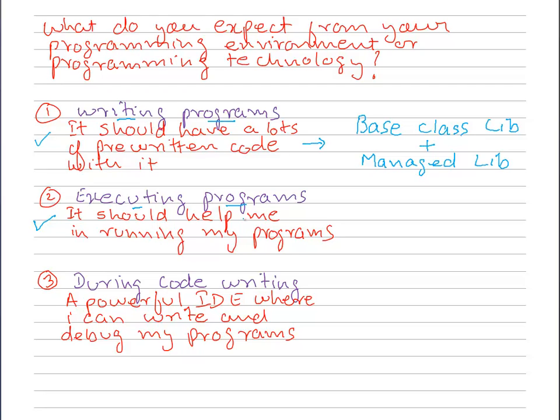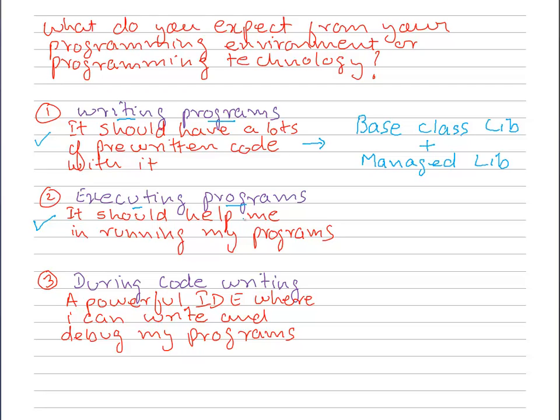The other part is that you would expect that when I write code, it should run on different platforms. If I write code for desktop, some part of that code I may want to run on a mobile device, so it should be able to run there also, so that I do not have to rewrite the whole functionality again.